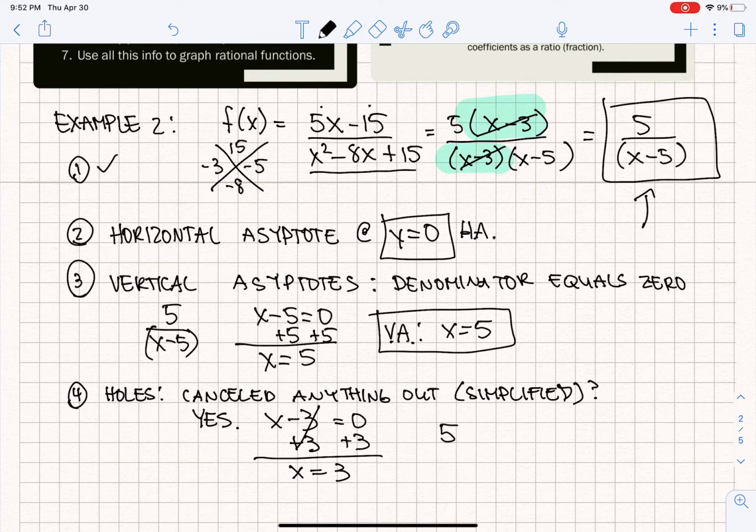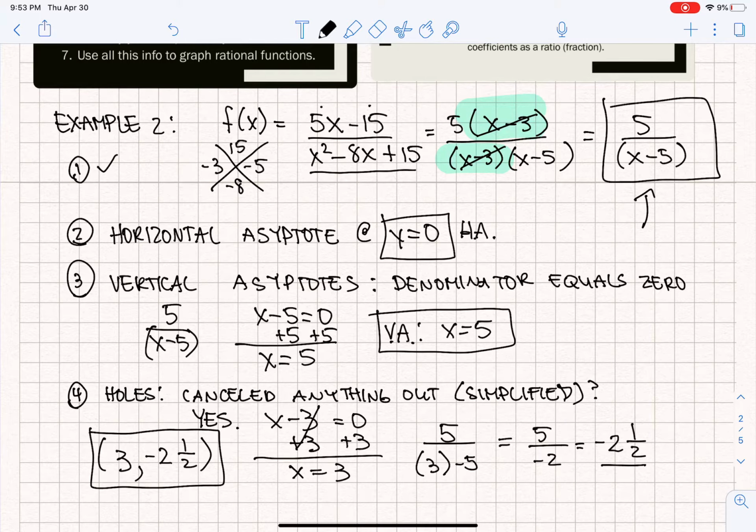So 5 over 3 minus 5 is equal to, okay, so there we go. We can also rewrite this as negative 2 1/2. Okay, so that means our discontinuity when x equals 3, I can write it as an ordered pair, our y would be negative 1/2. So this is where our discontinuity is, and we can put that on the graph.